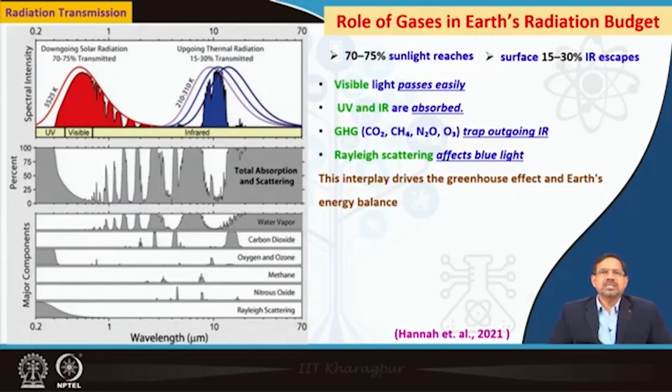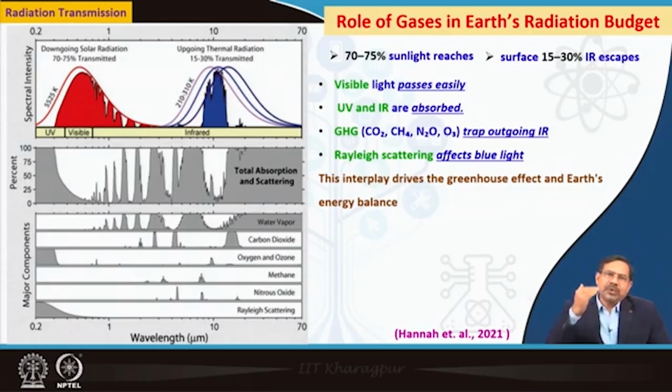The next figure depicts, in terms of percentage, how much is the total absorption and scattering. We can very well see the filled, gray shaded portions and the transparent or white portions as far as absorption and scattering are concerned.